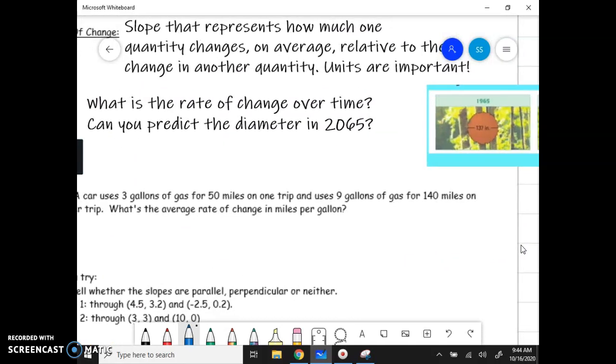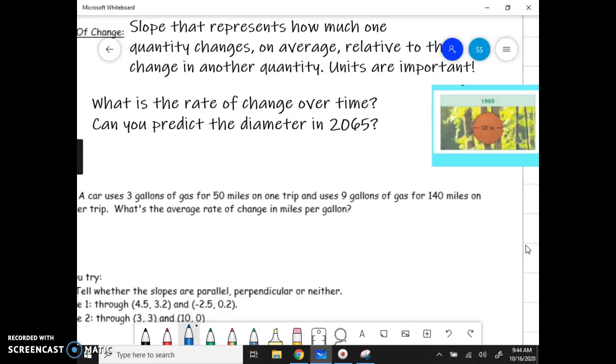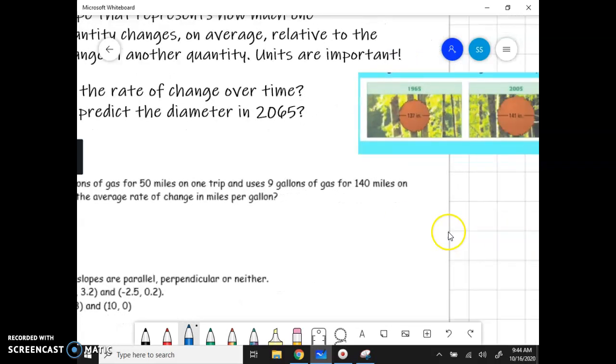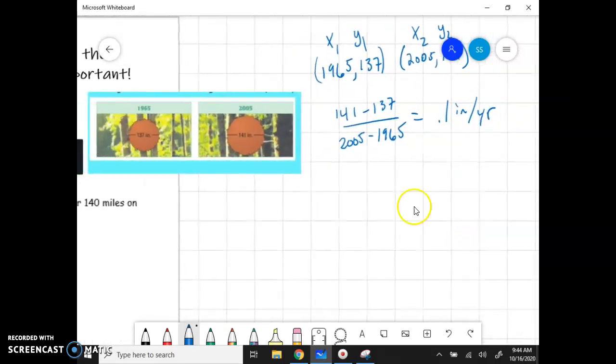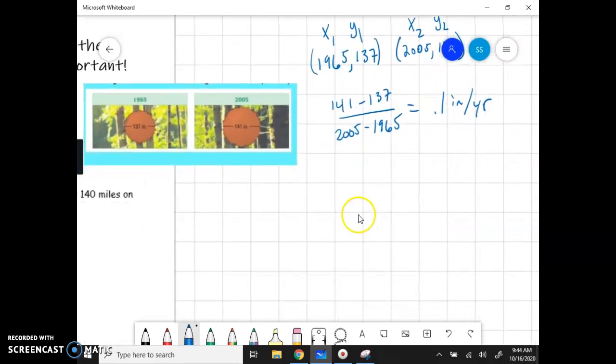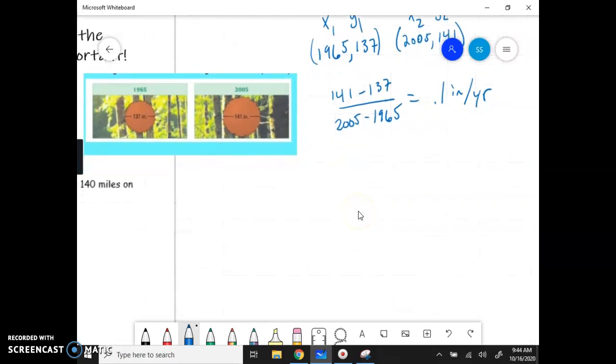Can you predict the diameter in 2065? From the point of reference of the last data point of 2005, 2065 would be 60 years. So y is what we're trying to figure out, and we're going to do 0.1 times x plus the 141.